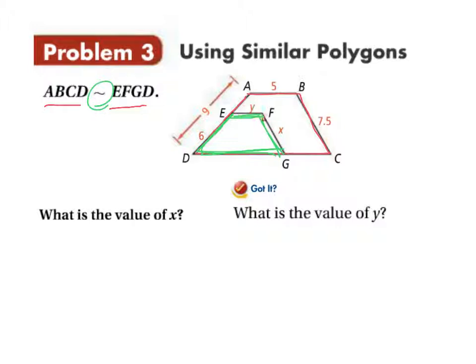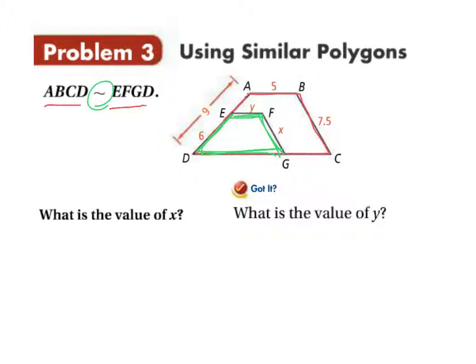I can't use the tops because I don't know this one. Let's look over here. Okay, I do know that this is 9 and this is 6. There we go. I have two matching numbers so I can see what my scale factor is.